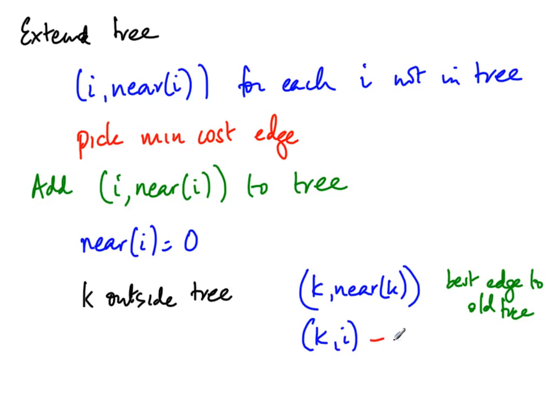And if this is smaller, then we update near of k to be equal to I. So now there is a better way to get from k into the tree by the new vertex I which we have just added. So with this, let us take a look at the pseudocode for Prim's algorithm.